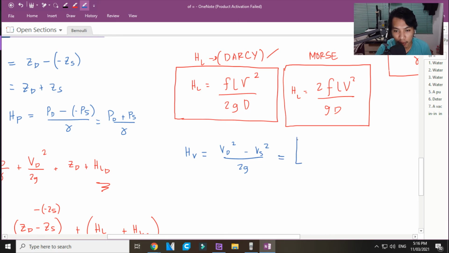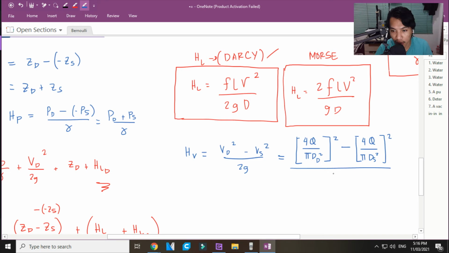Multiply mo ng 4Q over pi D, D squared, tapos naka-square, minus 4Q over pi DS squared, tapos squared over 2G. That is the velocity head.